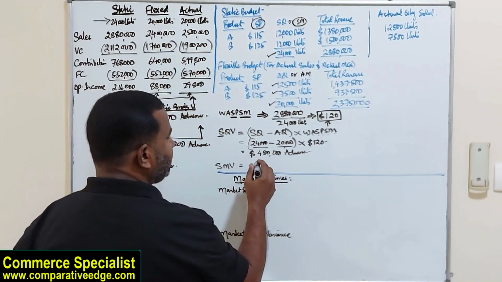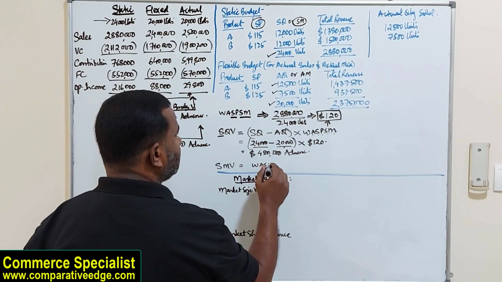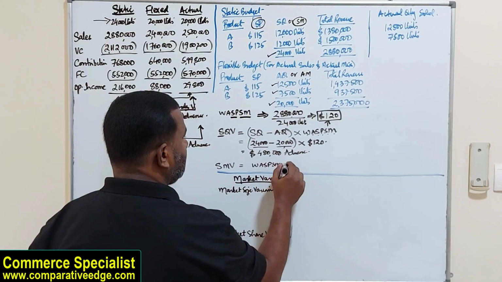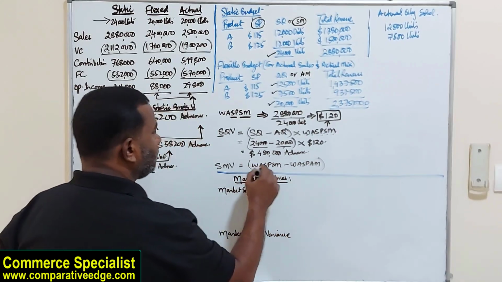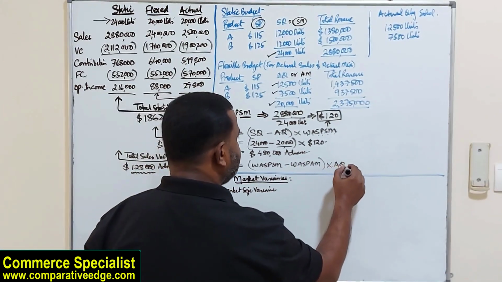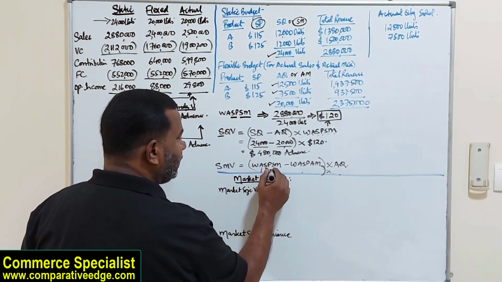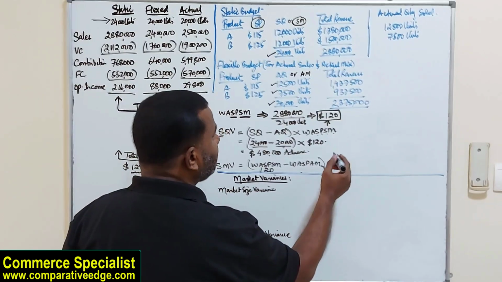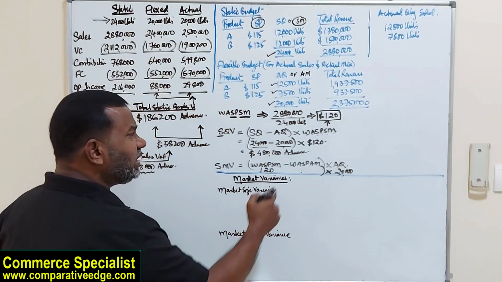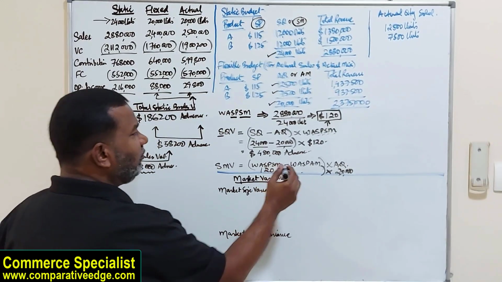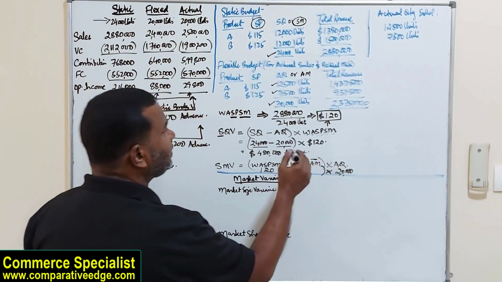So the formula is VASPSM minus VASPAM into actual quantity. Now VASPSM we already have, which is 120. Actual quantity we already have, 20,000 units. Now what is VASPAM? VASPAM, if you notice, this SP is standard price and AM is actual mix.